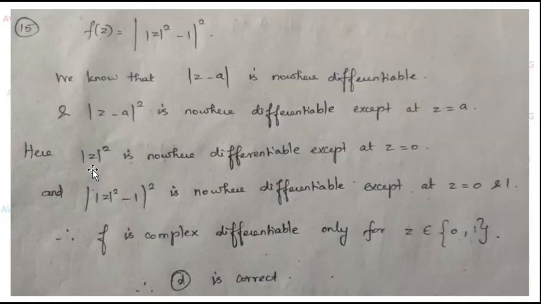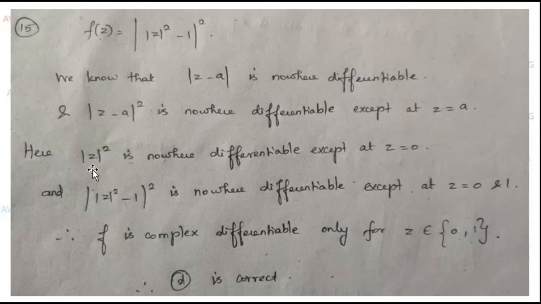Now the solution for this question is f of z is equal to (mod z square minus 1) the whole square. We know that mod z minus a is nowhere differentiable and (mod z minus a) the whole square is nowhere differentiable except at z is equal to a. Here mod z square is nowhere differentiable except at z is equal to 0, and (mod z square minus 1) the whole square is nowhere differentiable except at z is equal to 0 and 1.